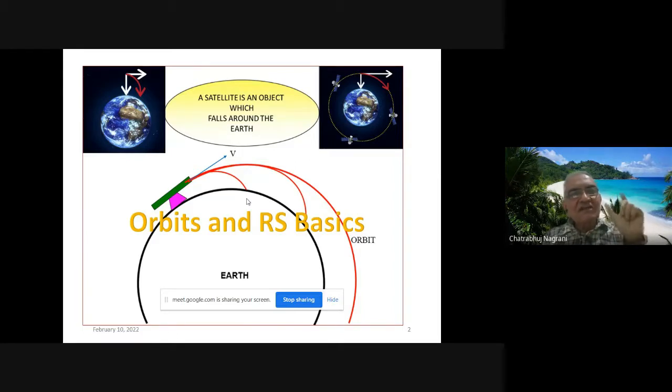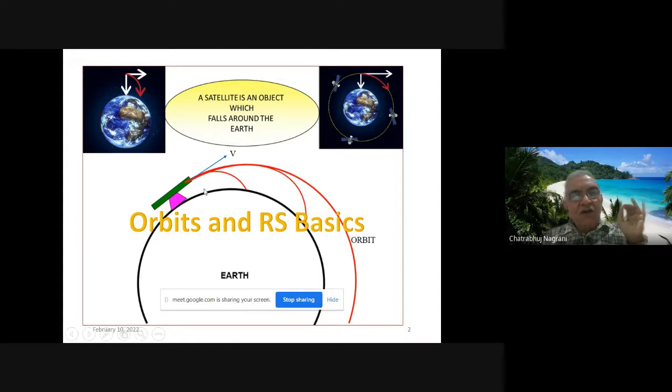We have to understand the difference between satellite and projectile. In a projectile, most of its velocity, or what you call impulse, you give in the beginning. After that, it is a free flight under gravity, and as long as you are in the atmosphere, drag and gravity act. But assuming there is no atmosphere, it moves only under gravity.